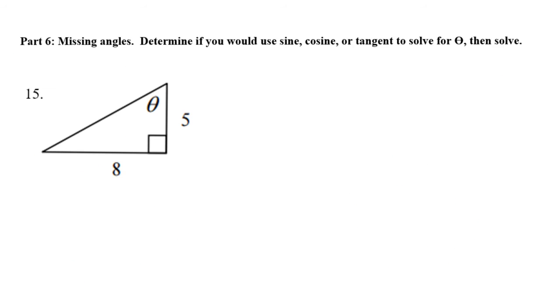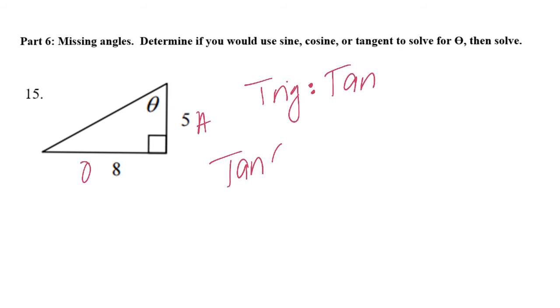All right, and the last one in this section, we have the opposite and the adjacent, which means our trig function is going to be tangent. So we're going to say tangent of the unknown equals opposite, which is 8, over adjacent, which is 5.